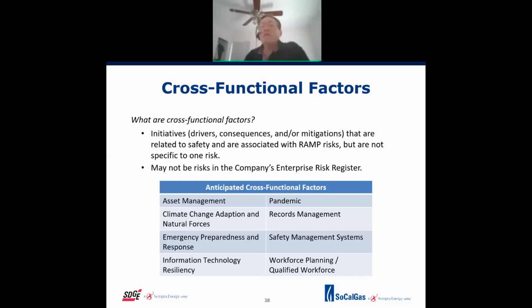And Wendy, one of the reasons the cross-functional factors will be in their own chapter is because they have impacts across multiple risks, and to that extent, there may be challenges identifying which aspect of the emergency preparedness and response is specific to wildfire relative to employee safety, relative to any of the other risks that they may have a portion influencing.